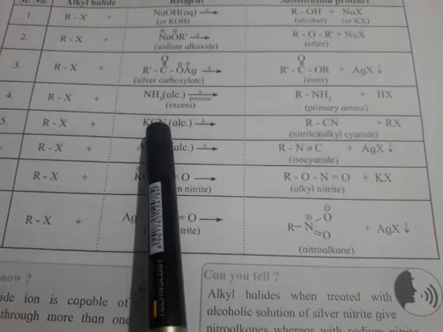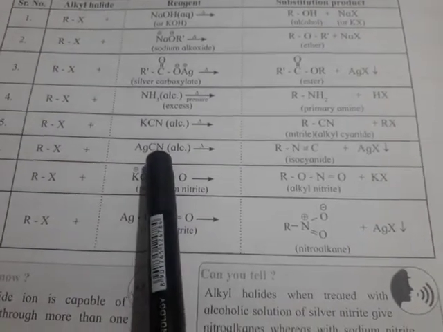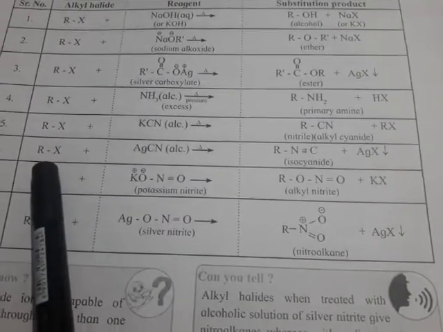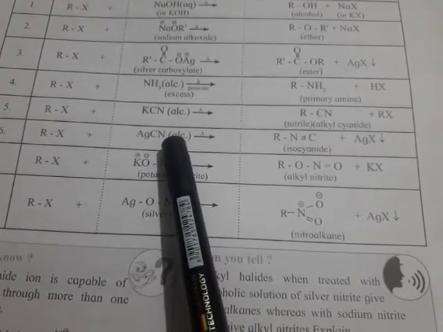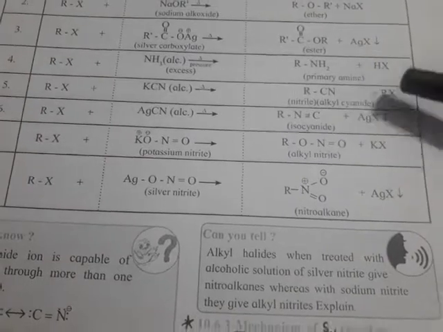So here carbon attacks the R group. Here carbon is busy with Ag, so nitrogen attacks the R group. This is the reason this cyanide is called an ambidentate nucleophile. I will tell you what an ambidentate nucleophile is. Is this clear?